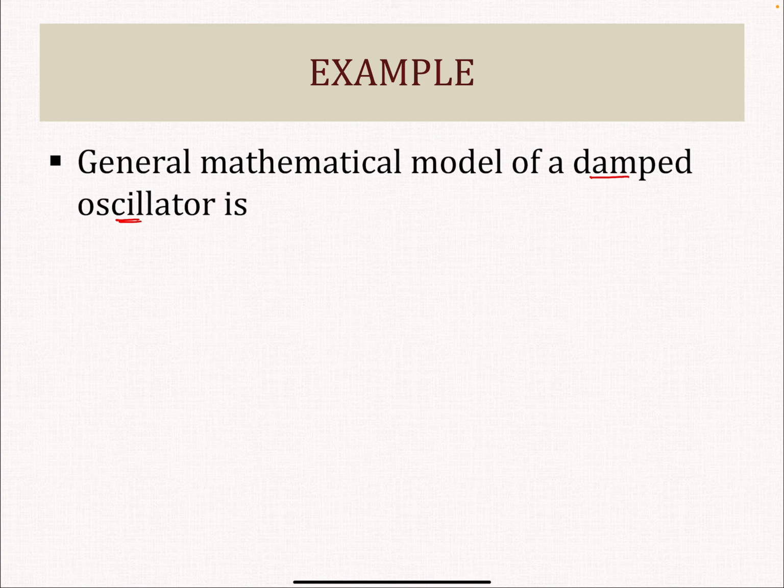A damped oscillator is where one oscillator is there, let's say a spring mass system. It has mass m, k is the spring constant, and there is resistance present that causes the damping of this system.